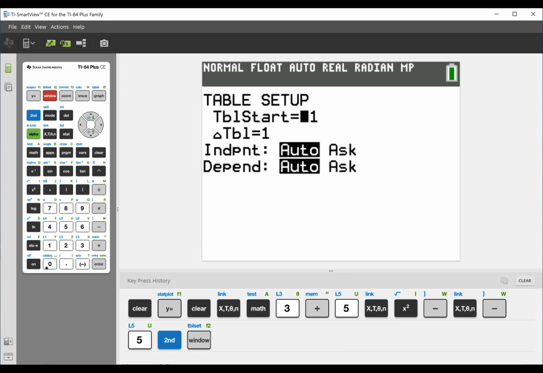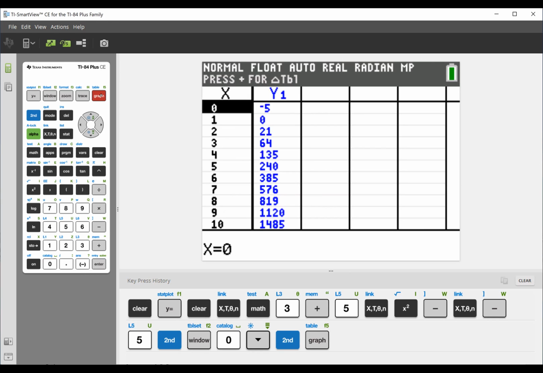So in this case, I started at 0 and I'm going up by 1. And if I press second graph, it gives me my table in just a moment. There we go. So I can actually just write these in. Wow. 64, 135, 240.